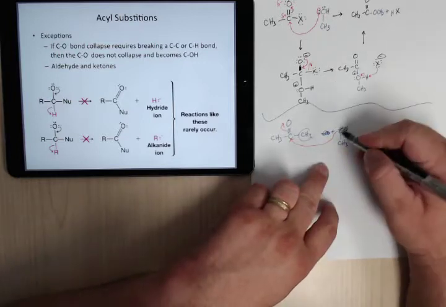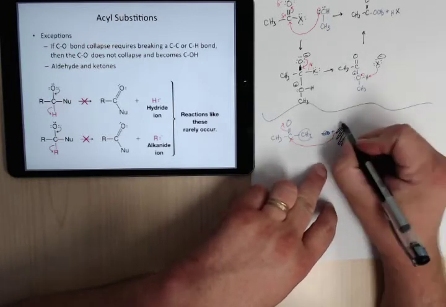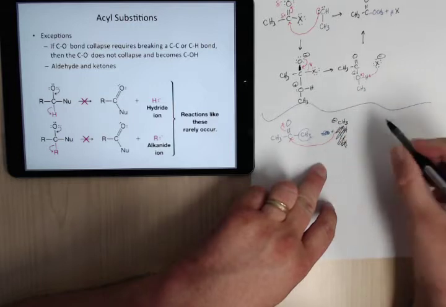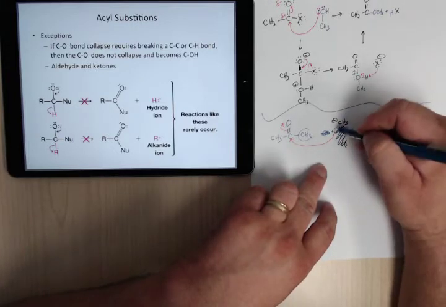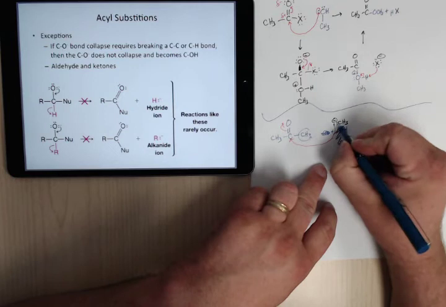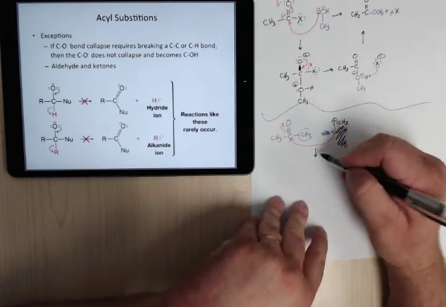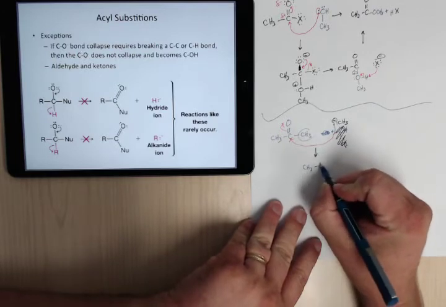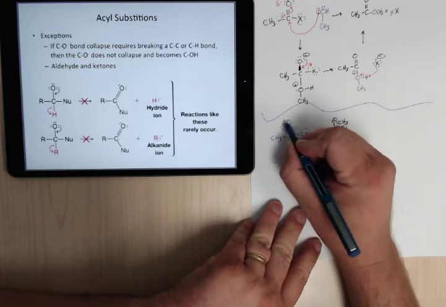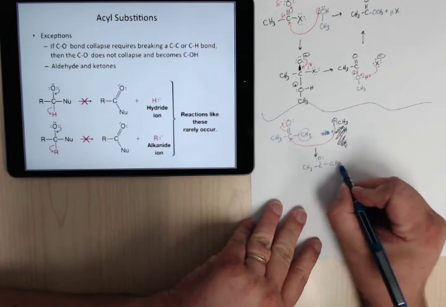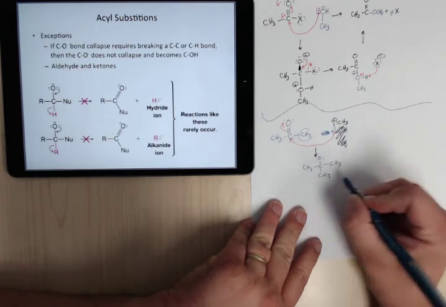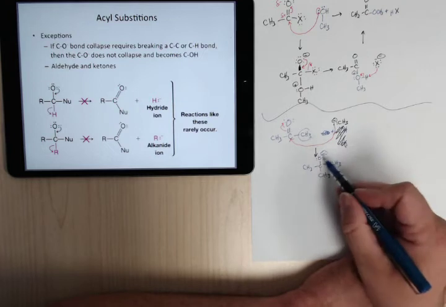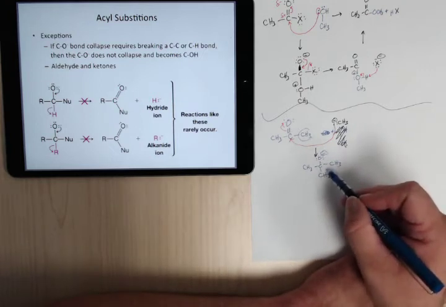Let's say this is a really big carbanion here. What you would end up getting is something like this. The problem is, if this were to collapse down, you'd have to break a carbon-carbon bond. That's just not going to happen.